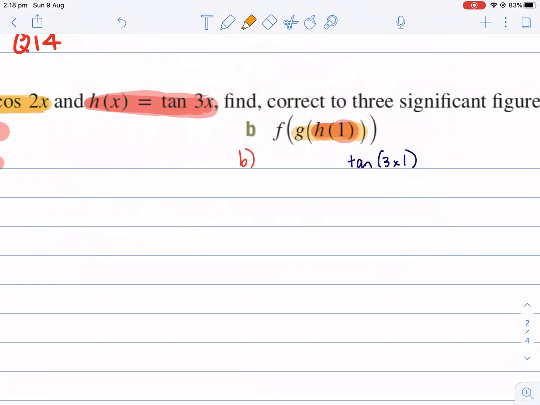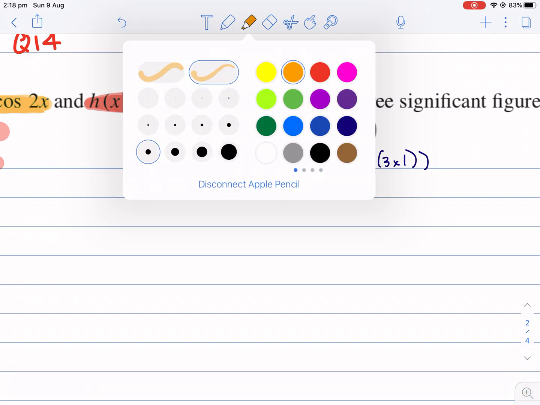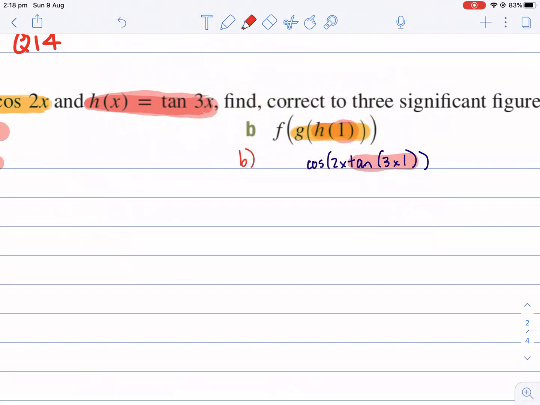G of 1 is cos of 2 times whatever you're subbing in. So that was my h. The cos of 2 times that. And now if we do the sine of that, that's the f of that.